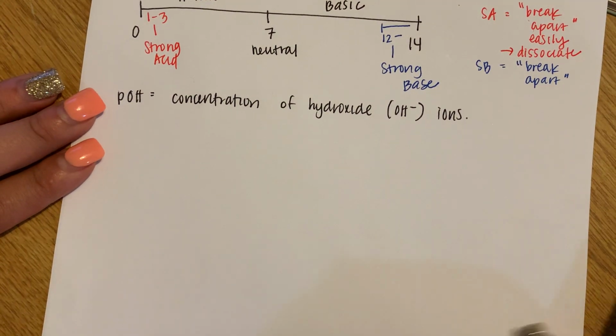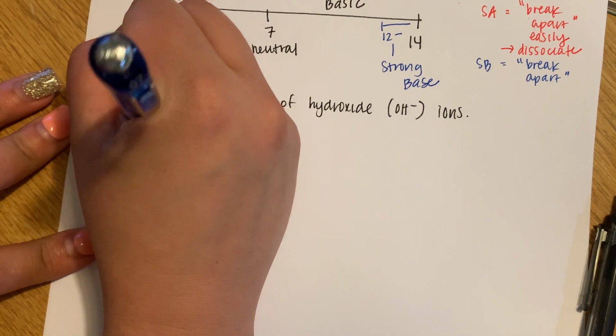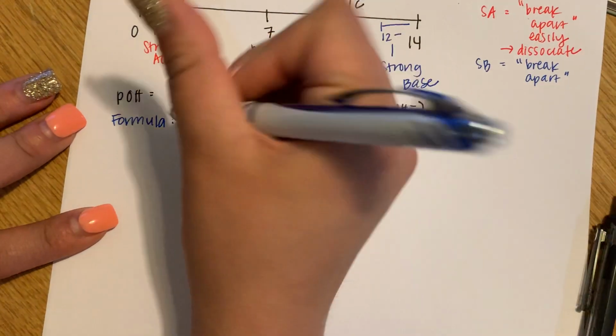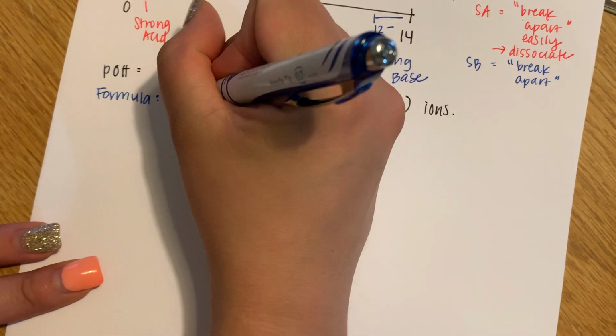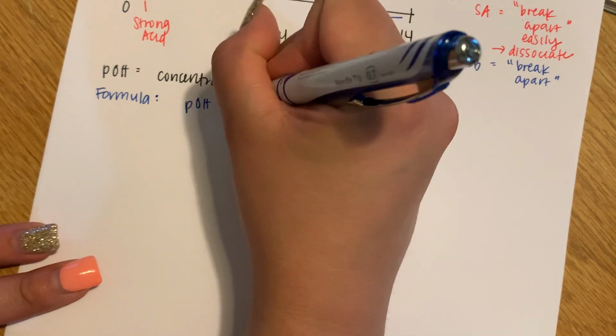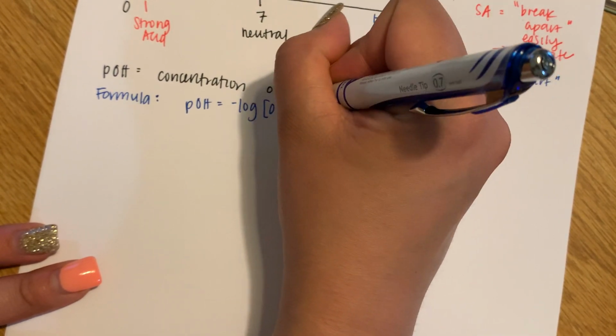So formulas. And we'll do it in blue because it's more of a descriptor of basic solutions. So formula, we have pOH equals, notice it's the exact same thing as hydrogen ions, right?